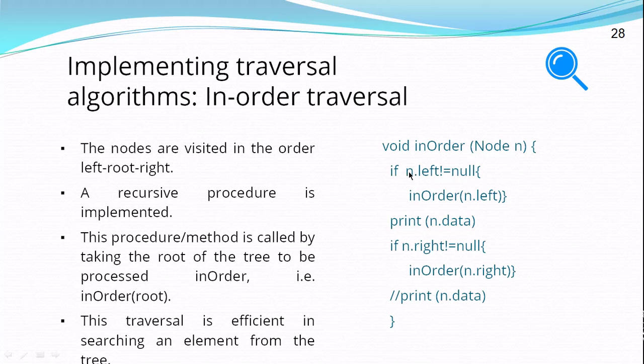So what I want to do is to ask the question, if the left subtree is not equal to null, then apply the inorder algorithm to the left branch. And when you've done that, you print out the data in the node n.